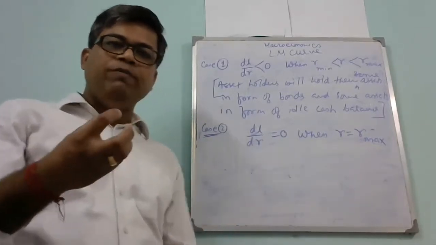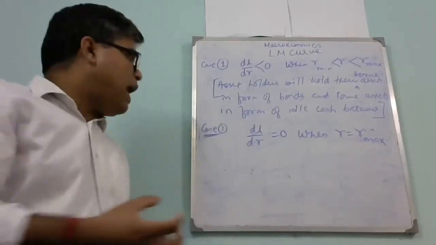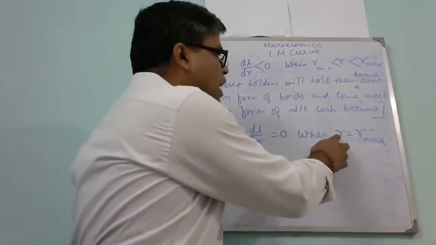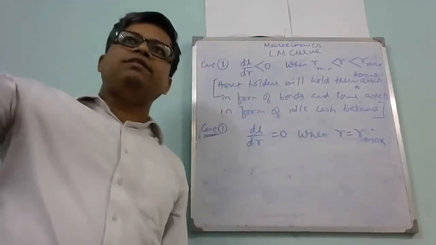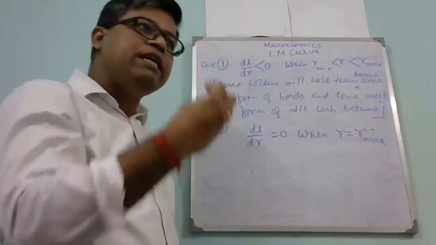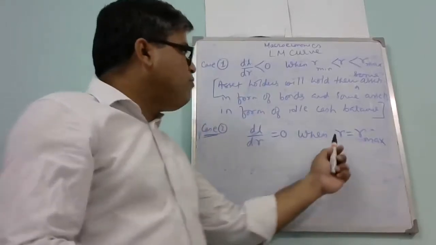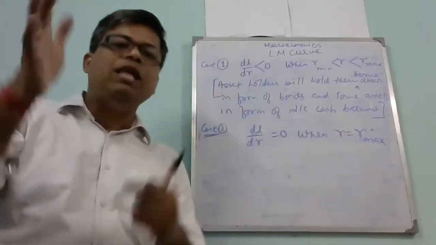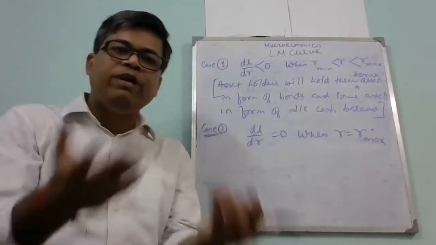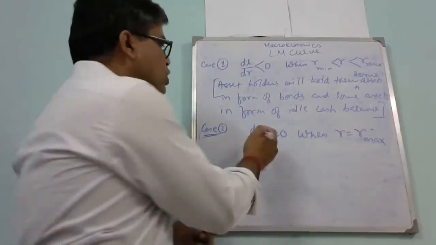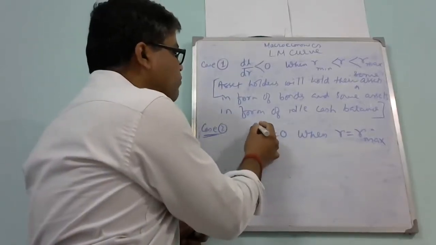So the speculative demand for money is reducing, and if r reaches the maximum level, then the speculative demand for money will become 0. So there will be no change in the speculative demand for money, dL.